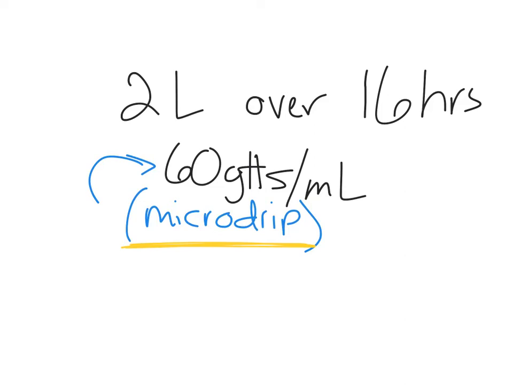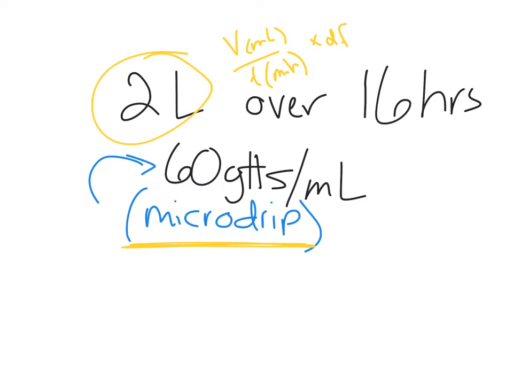So in looking at this particular problem, remember our formula is volume, but the volume needs to be in milliliters, our time needs to be in minutes, and our drop factor will be given. In this problem, our volume is given in liters instead, so we're going to have to convert that.